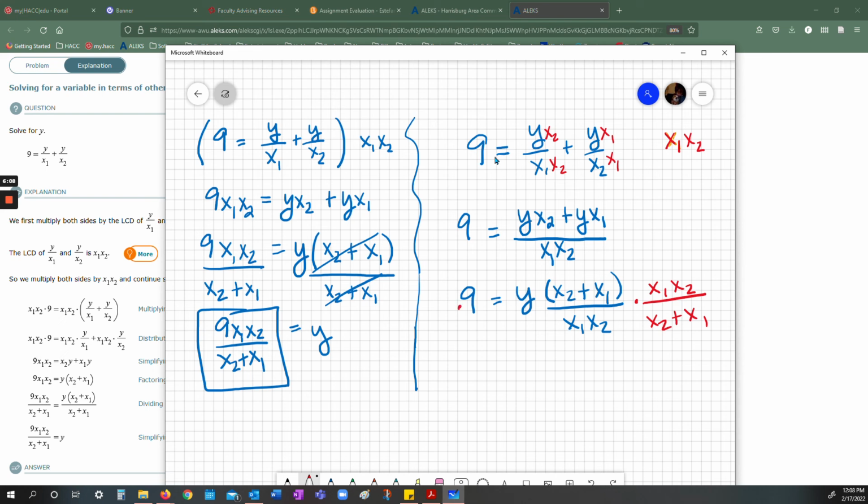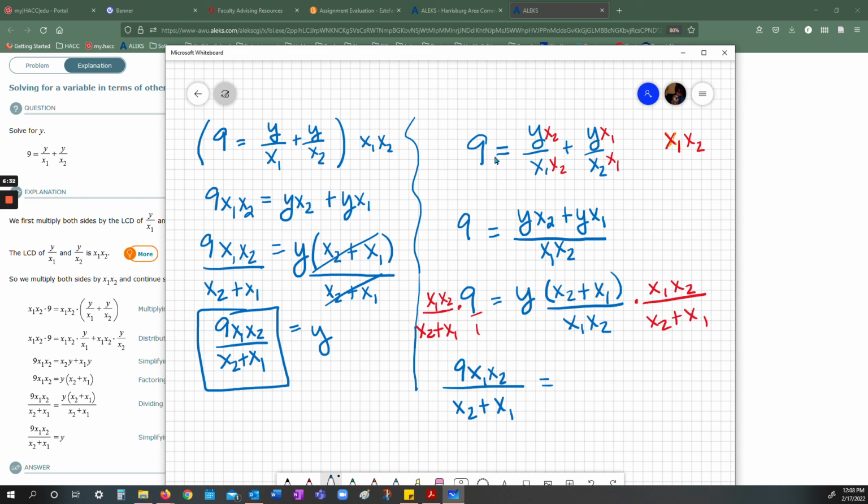And then I'm also going to multiply over here by that. I can think of the 9 as being over 1. And so finally we're going to get 9 times x1, x2, so maybe we could just put that 9 up front, and then over the x2 plus x1.